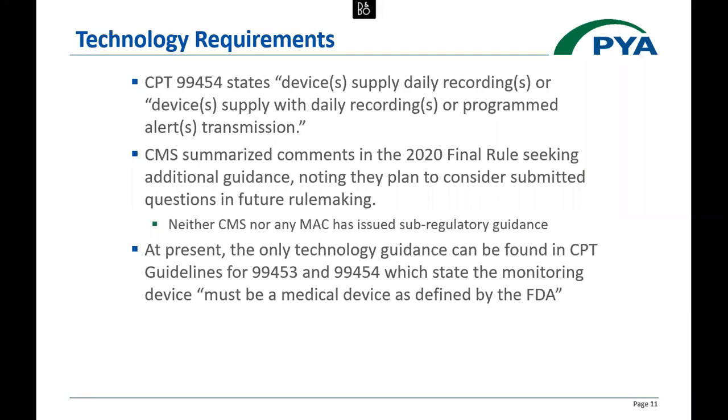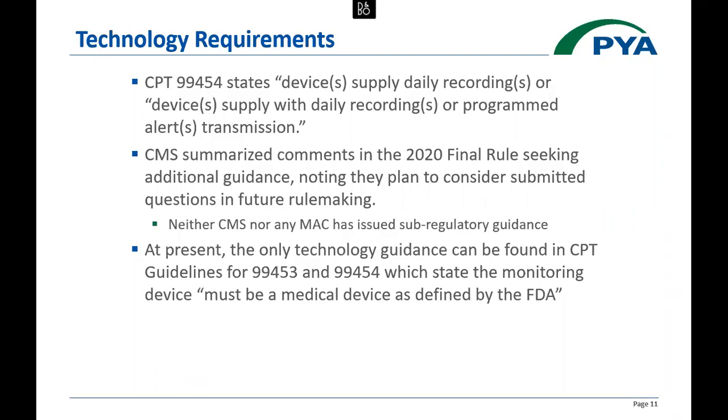CMS summarized its comments in the 2020 final rule, seeking additional guidance, asking for additional consideration, noting that they plan to consider those questions in future rulemaking. But currently, CMS, and we have not found any guidance from the MACs as well, related to sub-regulatory guidance.